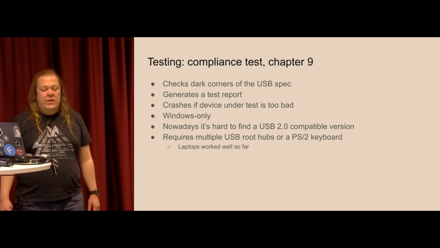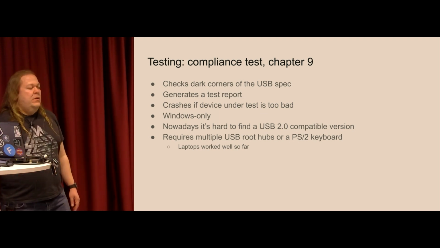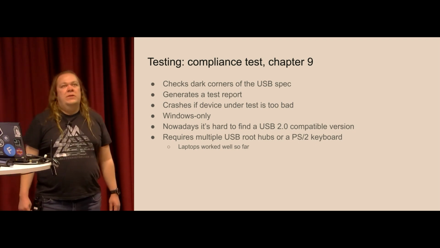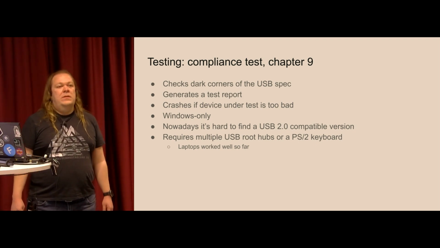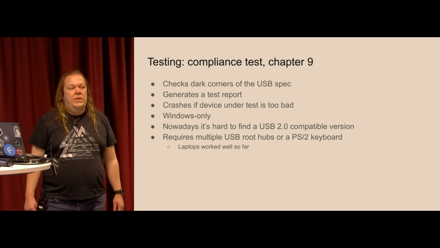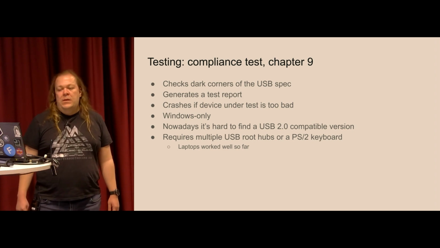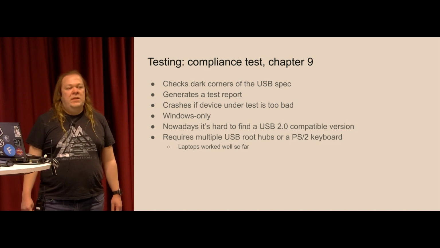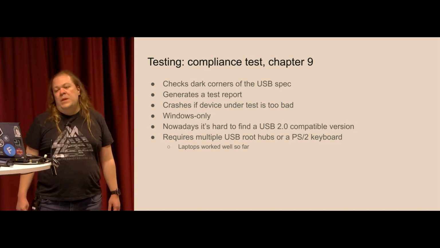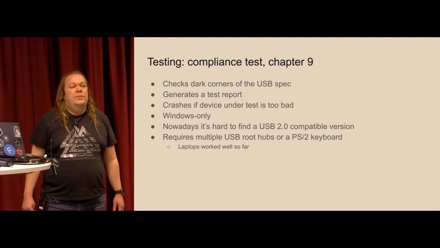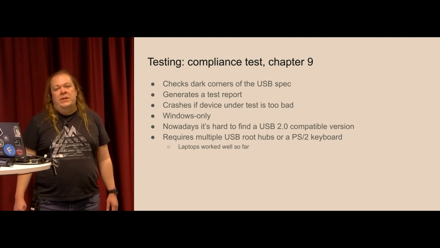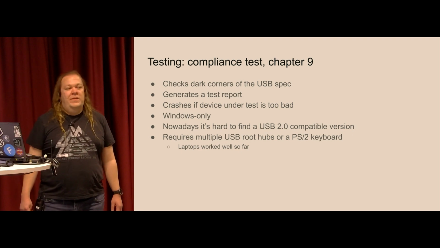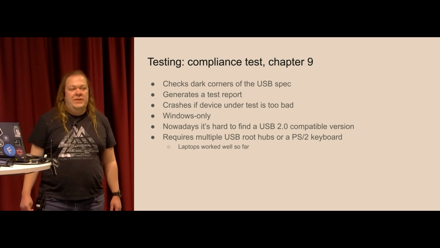Another important thing about this test is that it interacts with the device at a very low level, and in order to achieve this, it hijacks control over the root hub. And when it does this, basically no other devices work on your USB root hub. If you have a simple computer setup with a USB keyboard and a single root hub, then this USB keyboard just becomes disconnected.